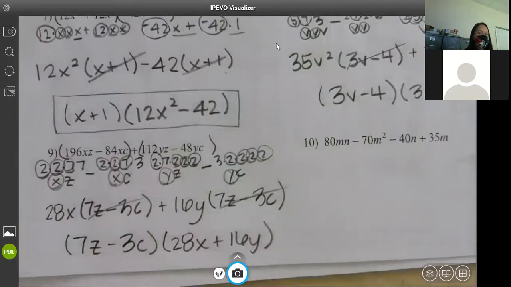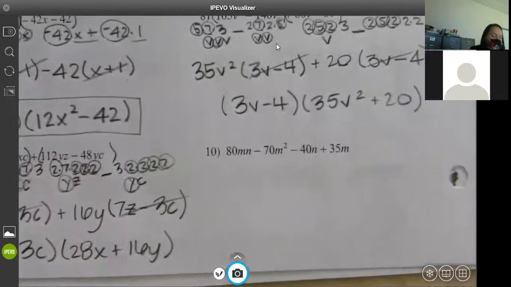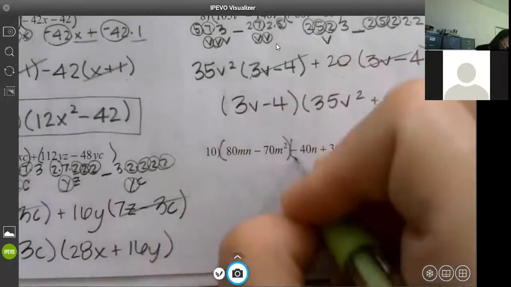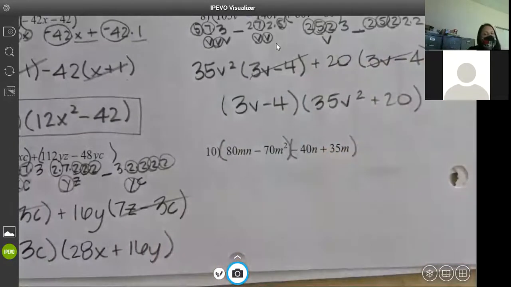One more. Group them. 80mn minus 70m squared. Break down 80. What are your factors of 80?